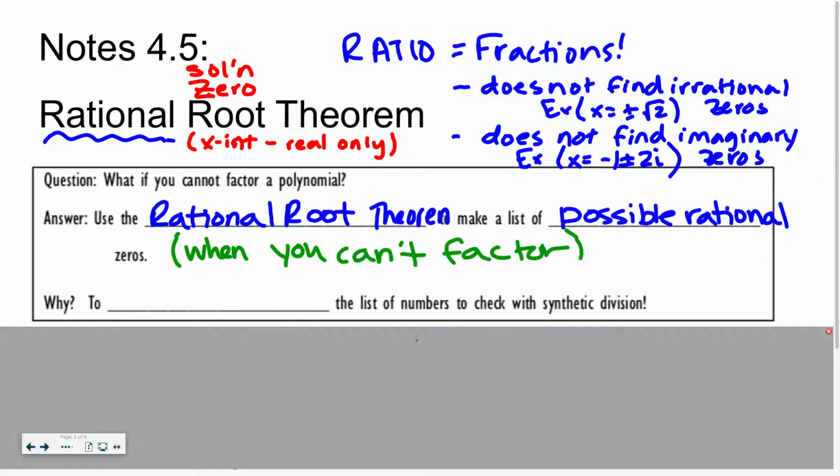I believe at some point it will show up. So this is answering the question, well, what if you can't factor? How are you supposed to find the zeros then? Use the rational root theorem. Don't find the zeros. That'd be too easy, Alex.